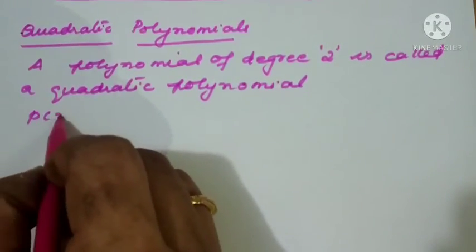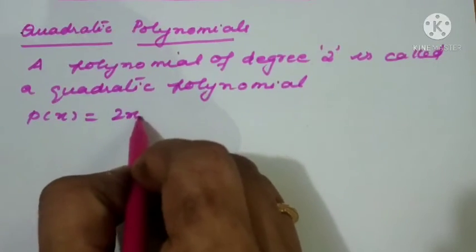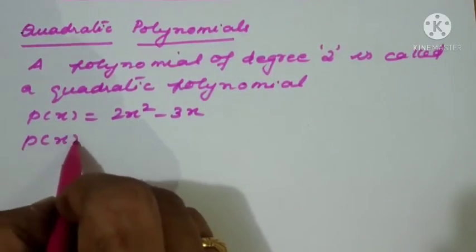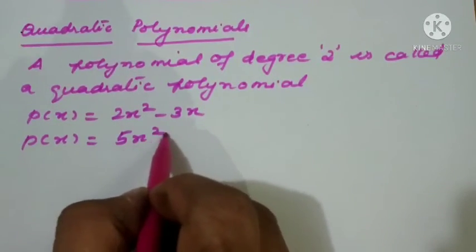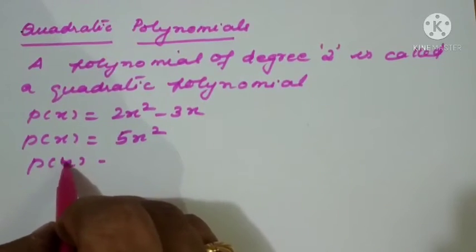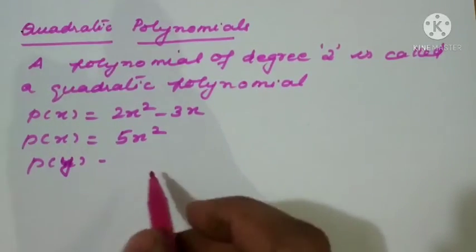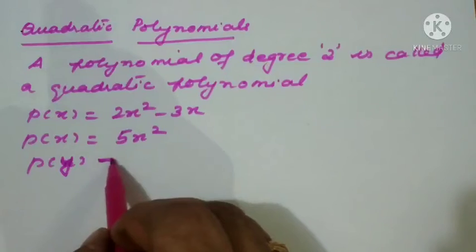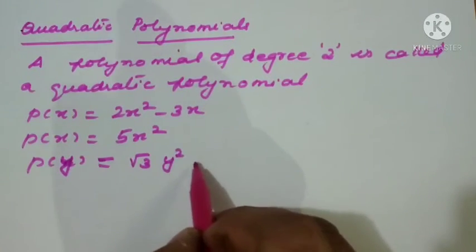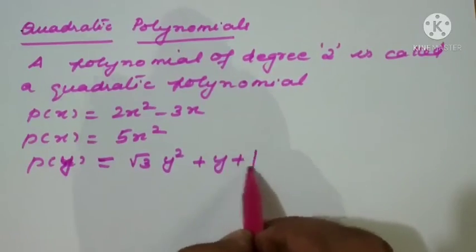So p of x equal to 2x square minus 3x, p of x equal to 5x square itself, and I'll change to another variable, since it is not always x only. We can take p of y equal to root 3 y square plus y plus 1.